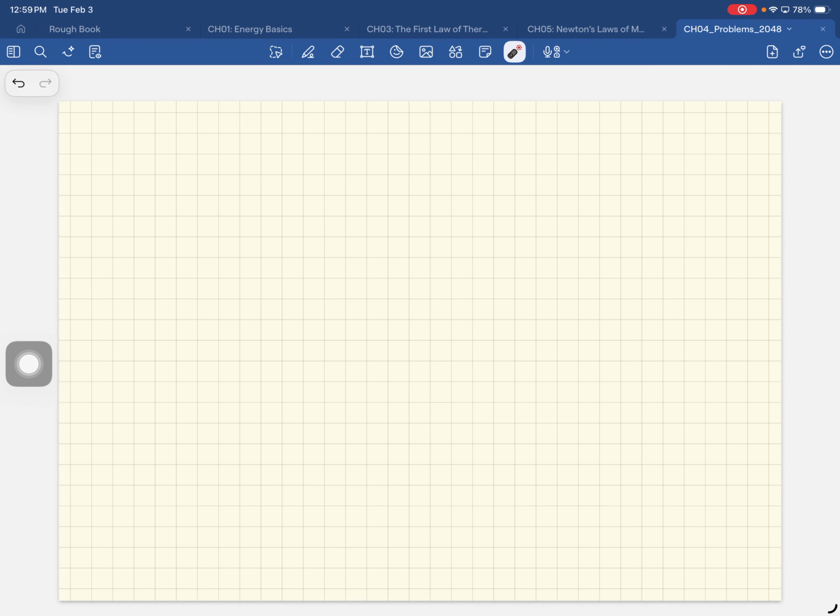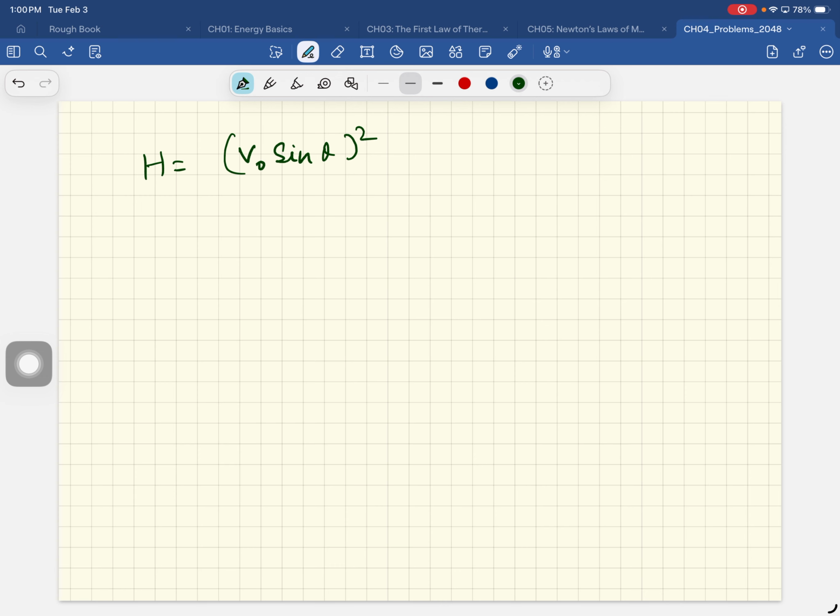So, well, there's also this formula for the height. You can check v naught sine theta squared divided by 2g. That's the formula that's given, but I like to solve it from first principles. We'll solve it like this.